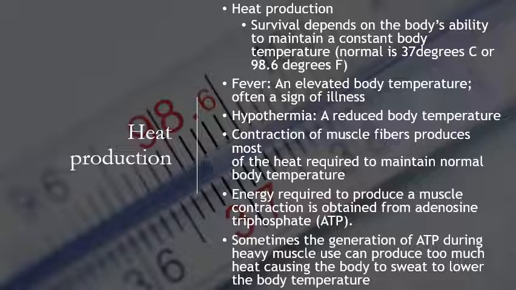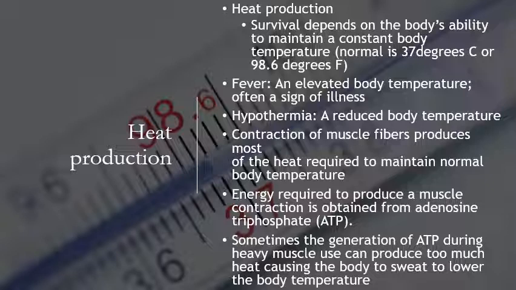A fever, on the other hand, is an elevation of the body temperature, often with signs of illness. So an elevated temp usually means that you are either ill or you have been exposed to a lot of heat.